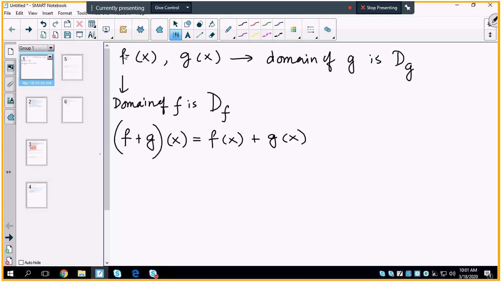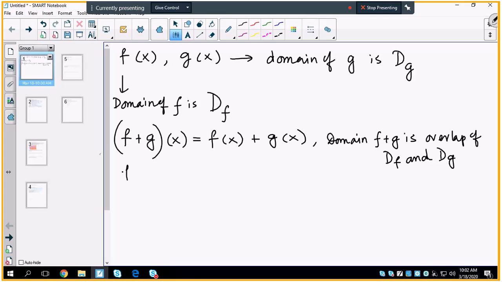With the restricted domain, the domain of this f plus g function, the new function that we have created, is going to be the overlap of the domain of the function f and the domain of the function g.